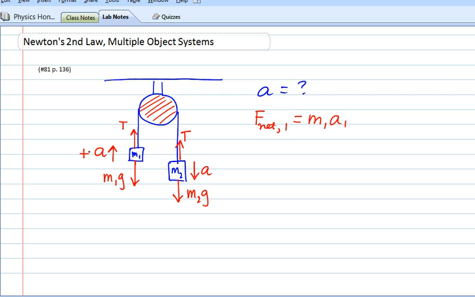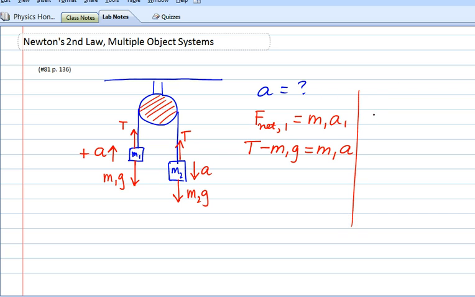So that when I put in the net force, I have tension, which is in the positive direction, and gravity, which is in the negative direction, and that's going to be equal to M1 times A. Now the reason that I'm taking off the 1 for the acceleration is that because the objects are connected, they will have the same acceleration.